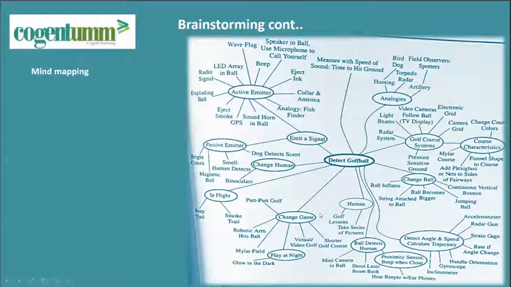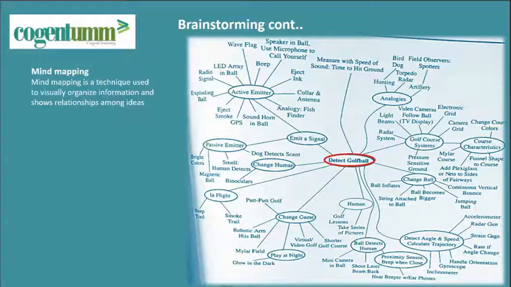Now, mind mapping. Mind mapping is a technique used to visually organize information and show relationships among the ideas. The problem statement has to be written at the center. The ideas are connected with the problem statement through different categories. In the highlighted portion, you can see the ideas are categorized by the method of emitting a signal.